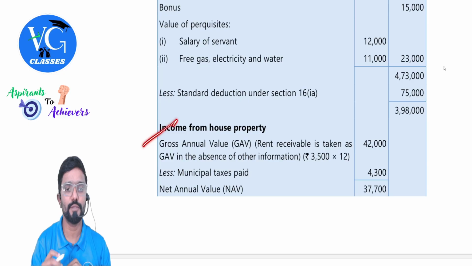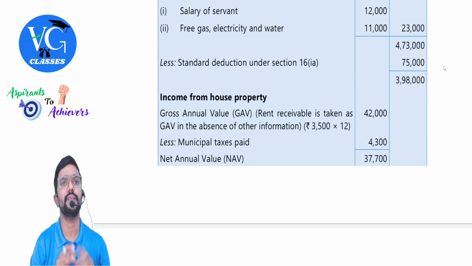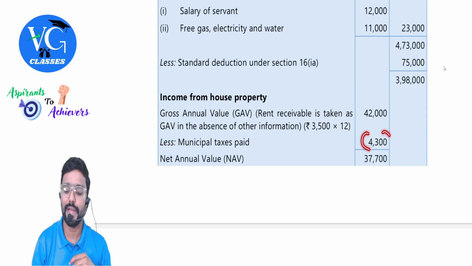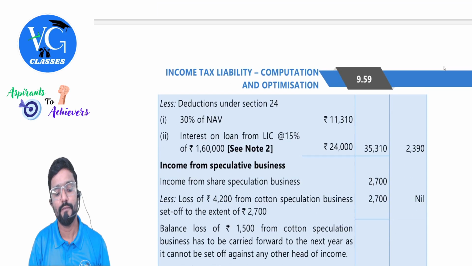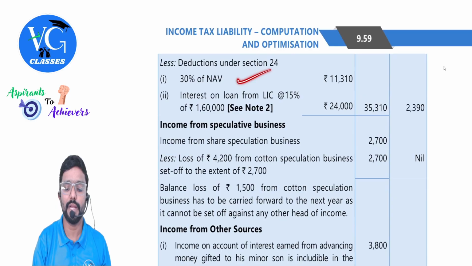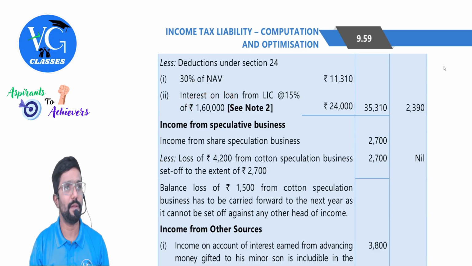Then coming to income from house property, GAV, straight away whatever rent is there is taken as GAV, 3,500 into 12. Municipal tax paid, is it allowed as deduction? Yes, 4,300. Net annual value, 37,700. From that, 30% of NAV you claim, and one more is interest. LIC loan. Okay, so 1,60,000 into 15%.